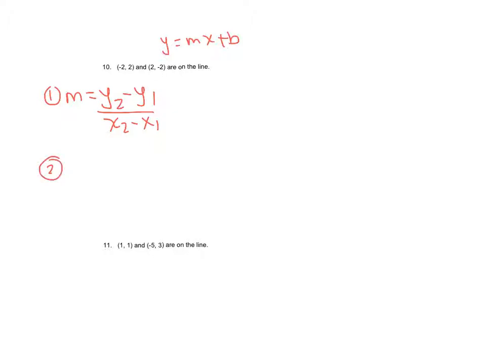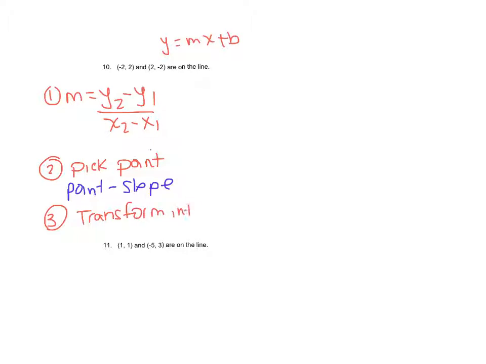Step 2 is to pick a point and put it in point slope formula. And then step 3 is to transform it into whatever form they want. In this case, they want this to be transformed into y equals mx plus b.